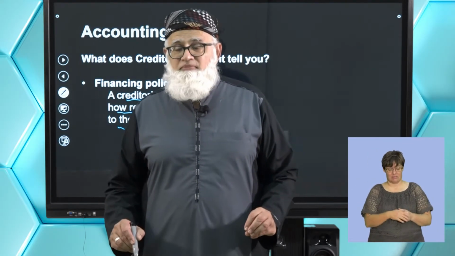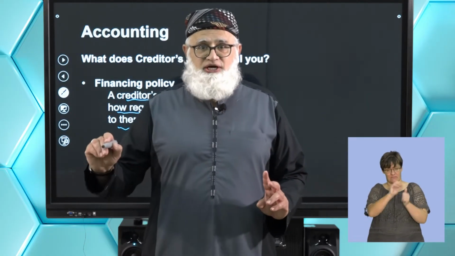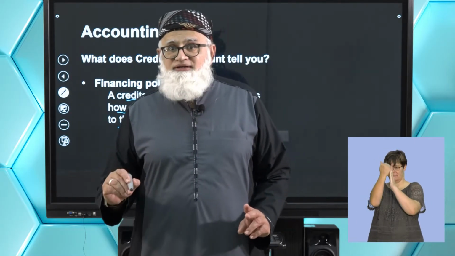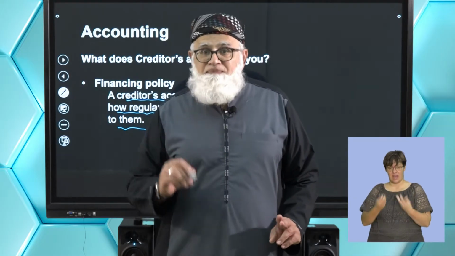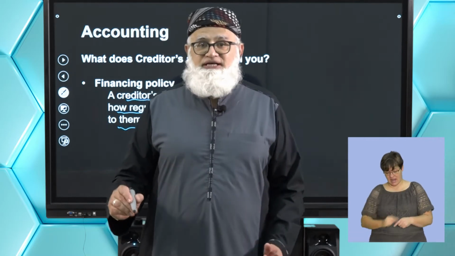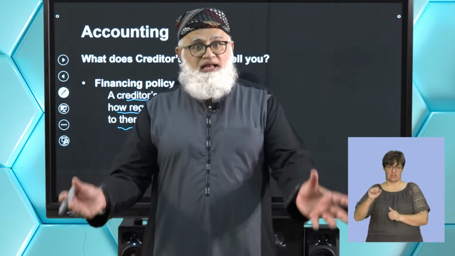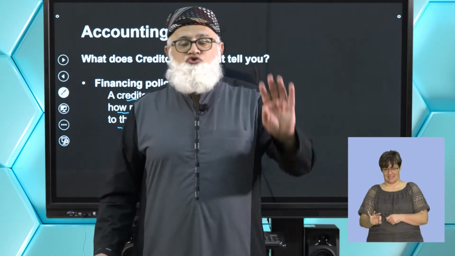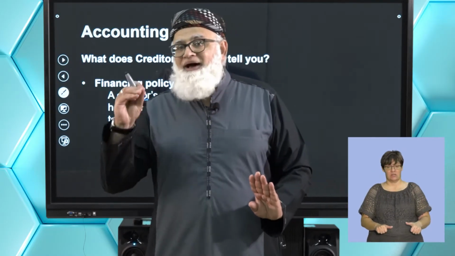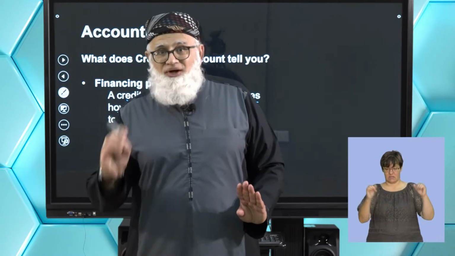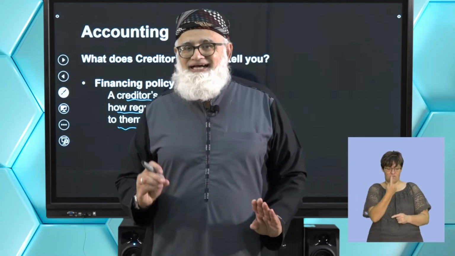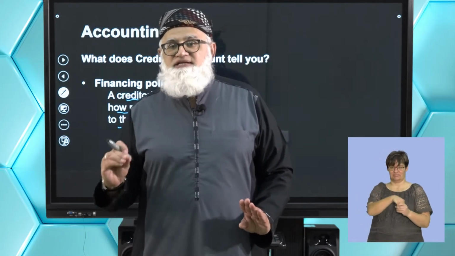At the same time, I have a subsidiary ledger where the individual creditors' accounts are recorded, and therefore we have the triple entry principle: the double entry in my general ledger and a single entry in my subsidiary ledger. And clearly you can now see the need to ensure that my creditors control account must agree with my creditors list. And once again, what is the creditors list? The creditors list is the final balances of each creditor as it appears in my creditors ledger.